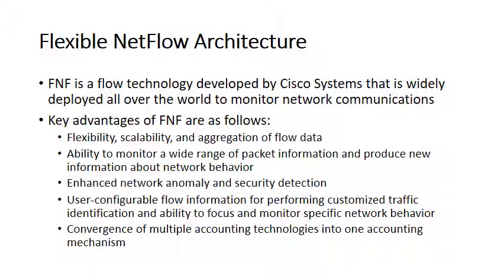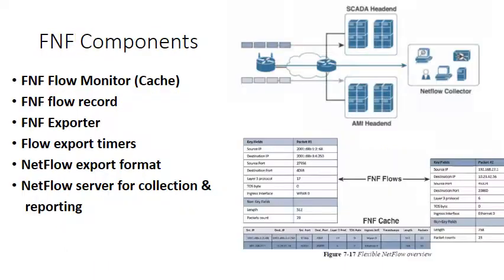He can do all the configuration at the user end only. The last one is convergence of multiple accounting technologies into one accounting mechanism. It's all about accounting: how many users are using the system, what resource is used, how much data is processed, and how much data is transferred from one location to another. All the information is available in that.